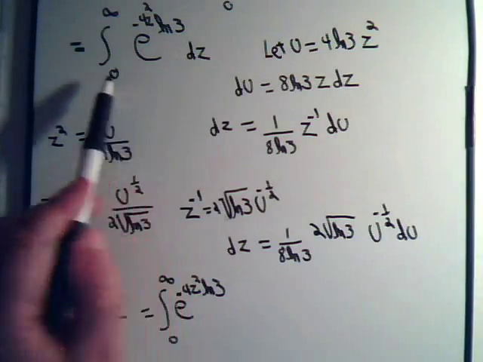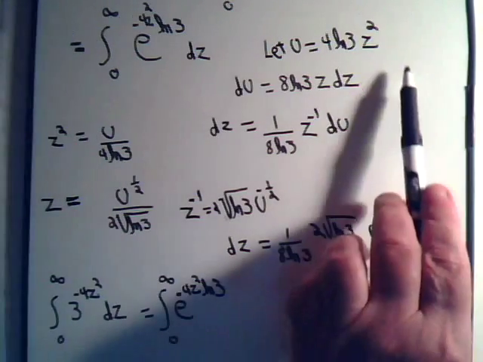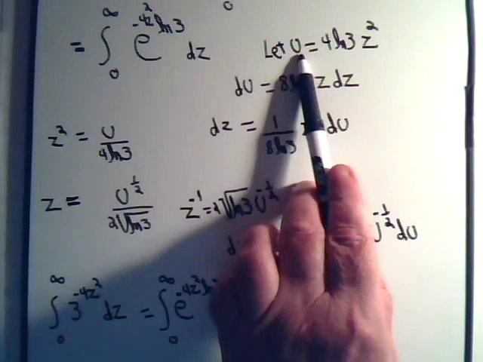Notice now, z goes from 0 to infinity. If z is 0, u is 0.